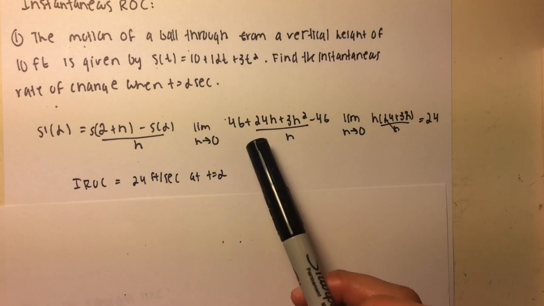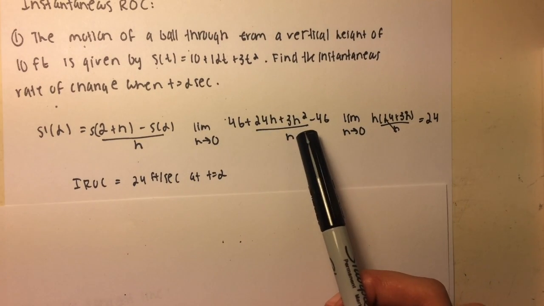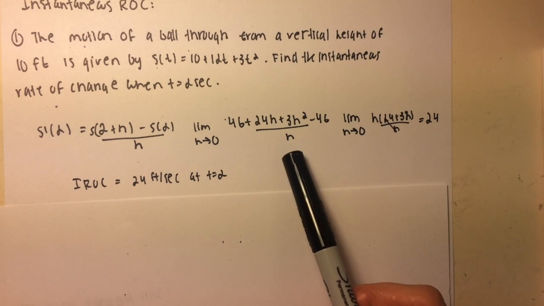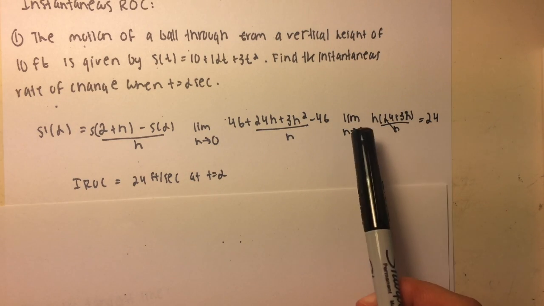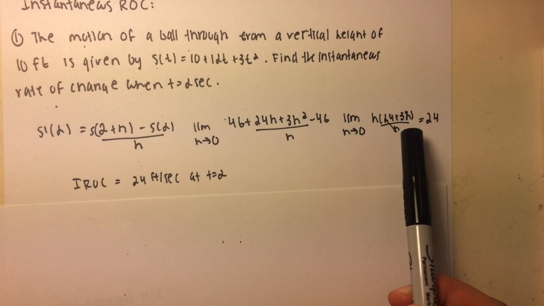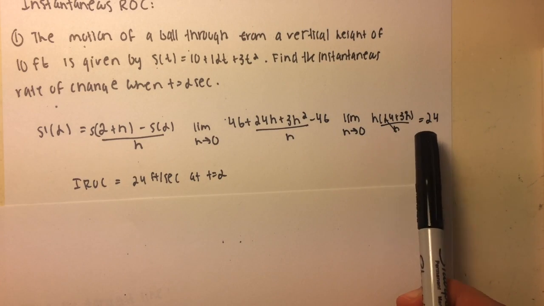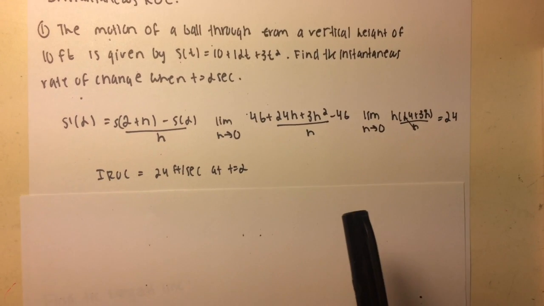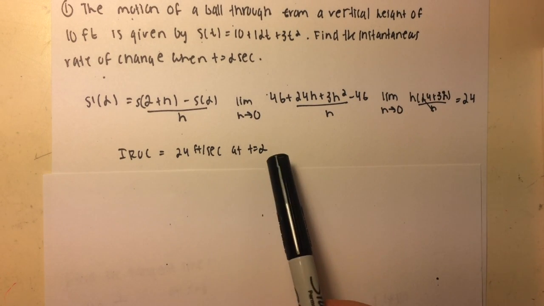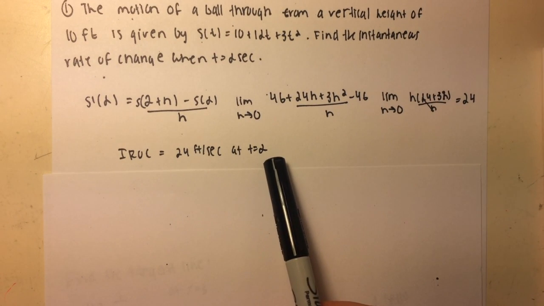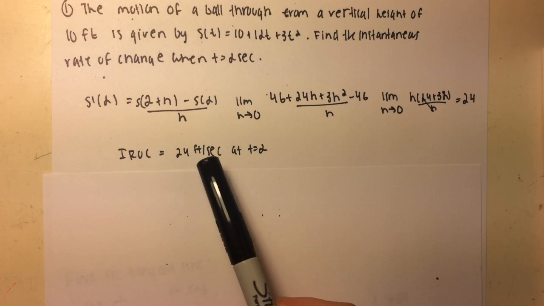Once we simplify, we get 46 plus 24h plus 3h squared minus 46 over h. Factoring out an h, and as the limit as h approaches 0, so we're replacing h with 0, we get 24. This means that at 2 seconds, the instantaneous rate of change is 24 feet a second.